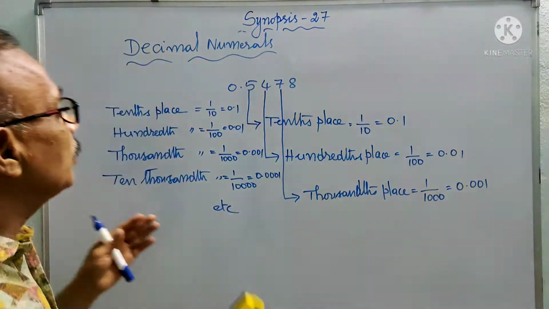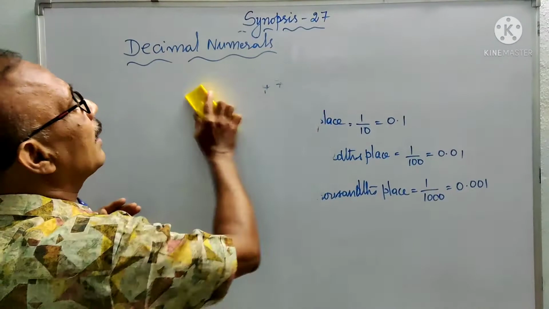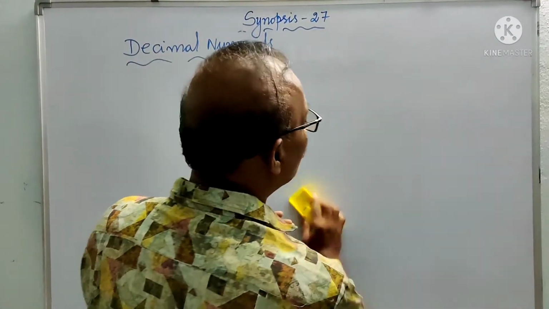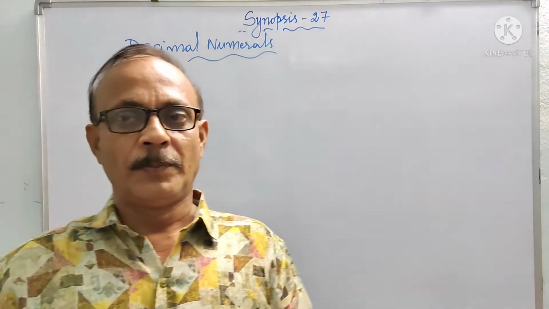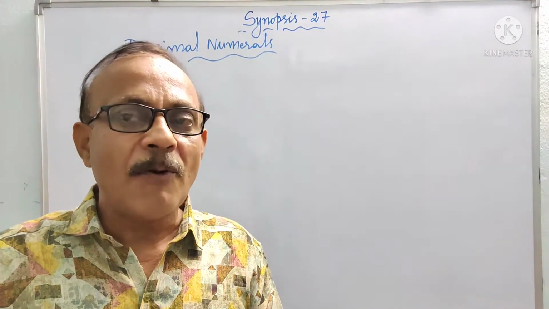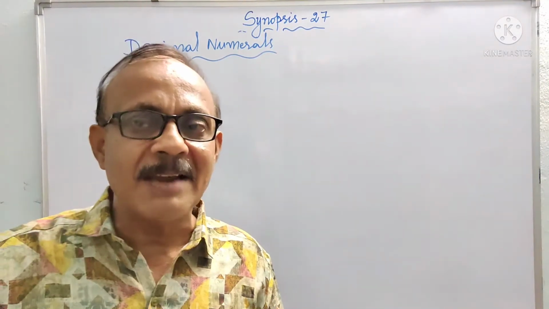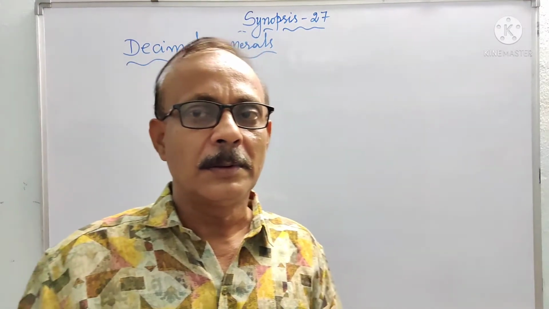Before going to that, are all decimals less than 1? Or can we have decimals which are more than 1? Yes, we can have. In case of fractions, we have fractions whose value is less than 1, and whose value is greater than or equal to 1.